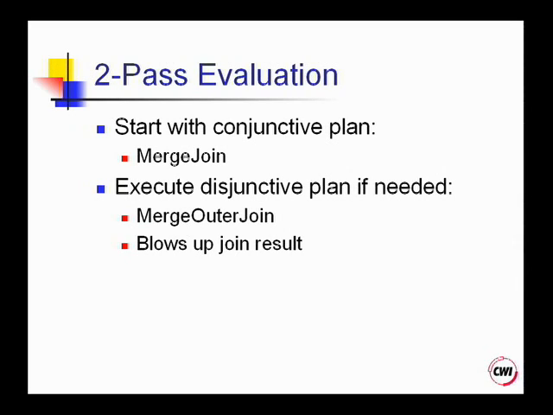So we first execute the plan with a merge join, Boolean AND, and if this does not return enough results to satisfy our query, the top N, then we execute the second stage where we use a merge outer join instead of the merge join, and this will result in a disjunctive search. So Boolean OR of the keywords. But the disadvantage of the merge outer join is that it blows up the result significantly, and therefore it's slower. So as long as we can do with the merge join, we do that.